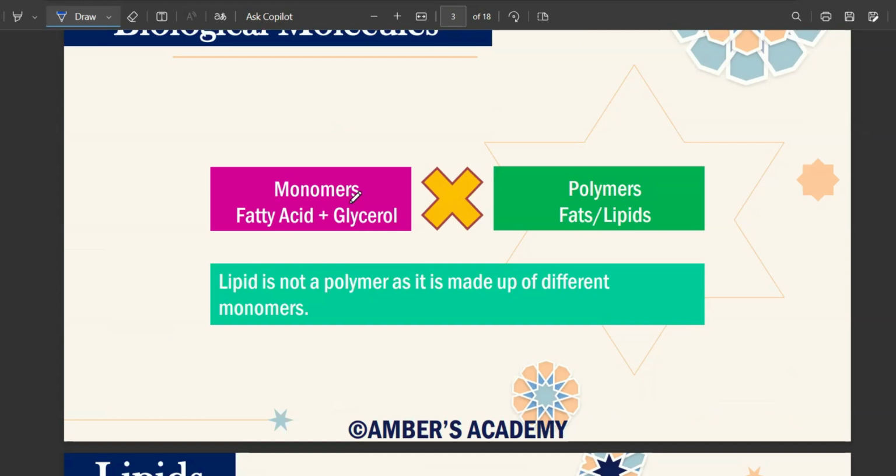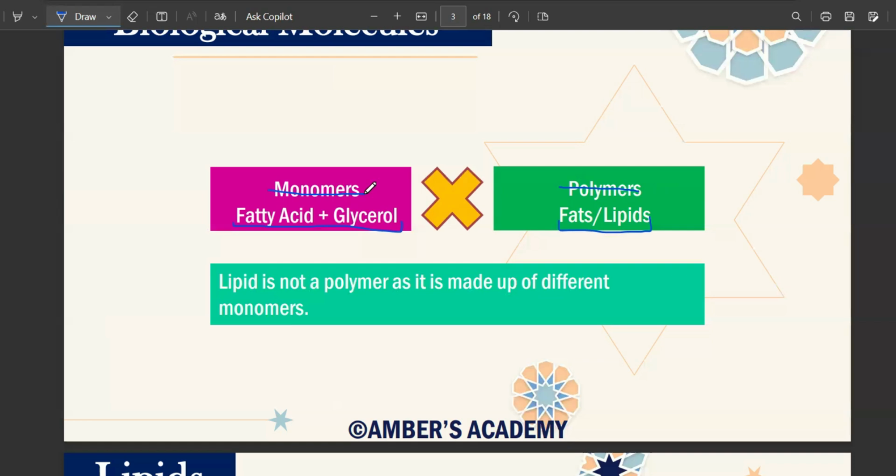Okay. So now you're not going to say that fatty acid and glycerol are monomers of fats or lipids, because here lipids are not known as polymers, and fatty acid and glycerol are not known as monomers. Rather, they are considered building blocks of lipids, and lipid is considered to be a macromolecule. So the difference between a macromolecule and a polymer is that polymers are always made up of the same monomers, like they'll have the same building blocks.